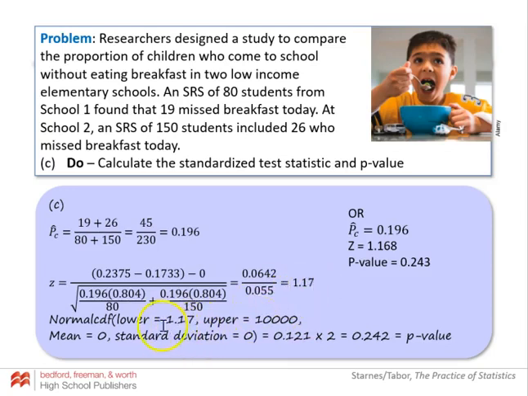Since that z-score is positive, it's going to be my lower limit, and that will give you a value of 0.121. Because this is a two-tailed test, we multiply by 2, so our p-value is 0.242. If you decide to use the calculator, totally acceptable. I would write down your pooled estimate, your z-score, and your p-value.